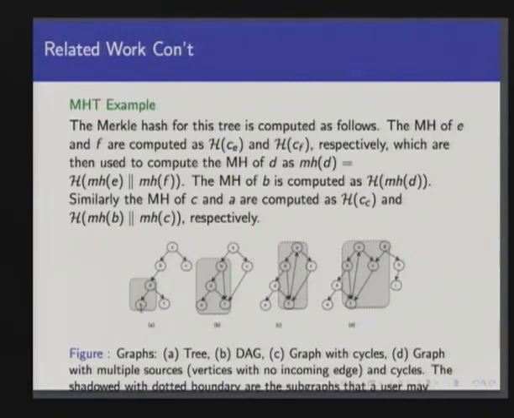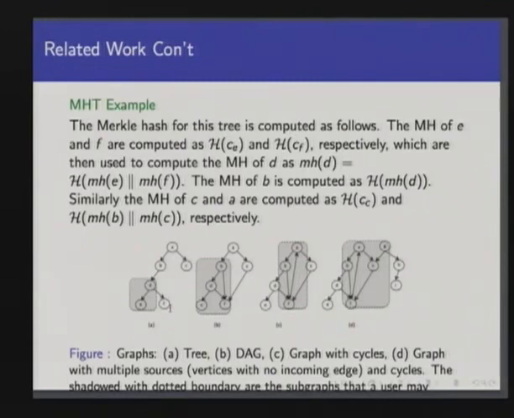Once we have those, we can compute the Merkle hash of D as the hash of the concatenation of the Merkle hash values of E and F. Similarly, to compute the Merkle hash value of internal node B, we need the Merkle hash value of D, and to compute D, we need the Merkle hash values of nodes E and F. So this is a bottom-up procedure to compute the hash value of trees.